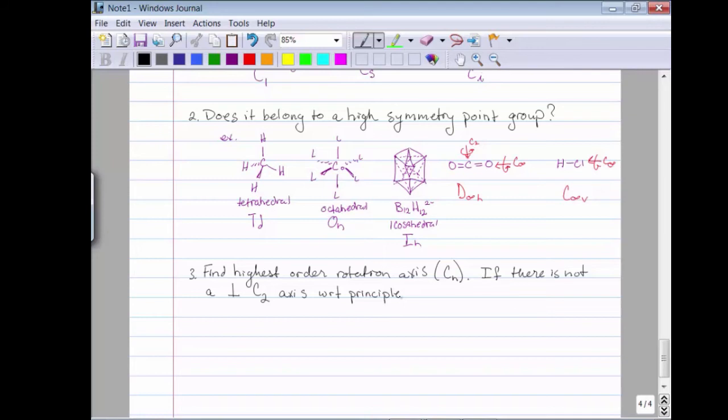Does that make sense? The principal axis is the same as the highest order axis. Then the molecule is a single axis group.